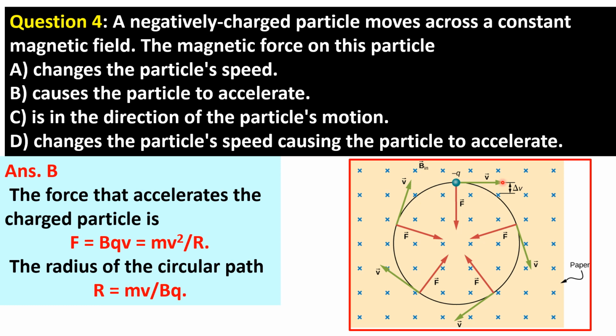So what's going to happen to this negatively charged particle? It's going to experience a magnetic force upon entering this magnetic field, and you can determine the direction of the magnetic force by using not the right hand slap rule, but the left hand slap rule. With your left hand, again, we will represent the magnetic field with your four fingers extended.